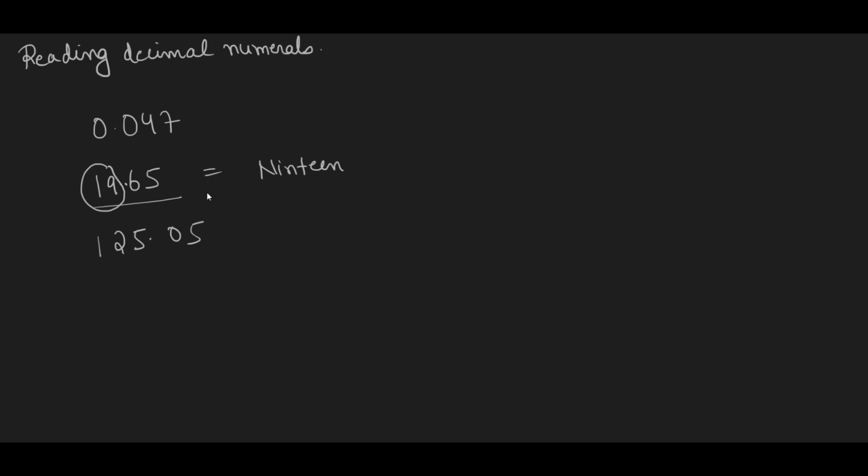You will not read it as a whole number, you will be reading it as 19.65. So 19.65. Then you have 0, then the decimal, then 0, then 47.